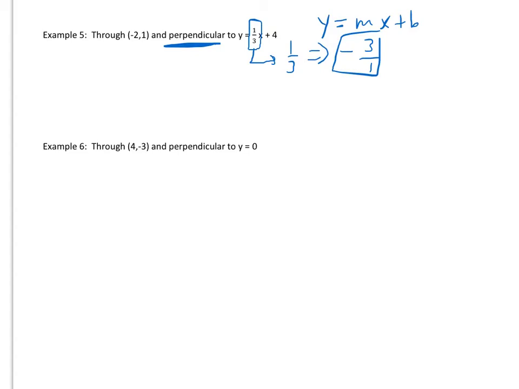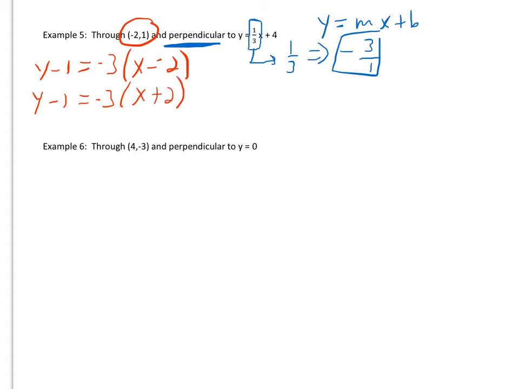So if we go to our point slope, we will have y minus 1. There's our point. Slope is negative 3. I don't have to write it as a fraction. And x minus a negative 2. So y minus 1 equals negative 3 times x plus 2, because you're subtracting a negative.